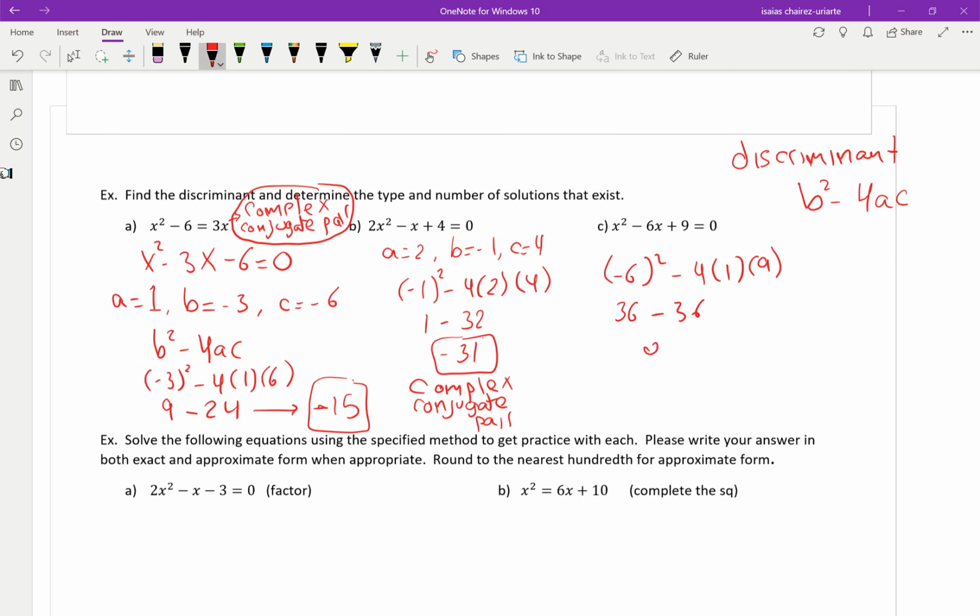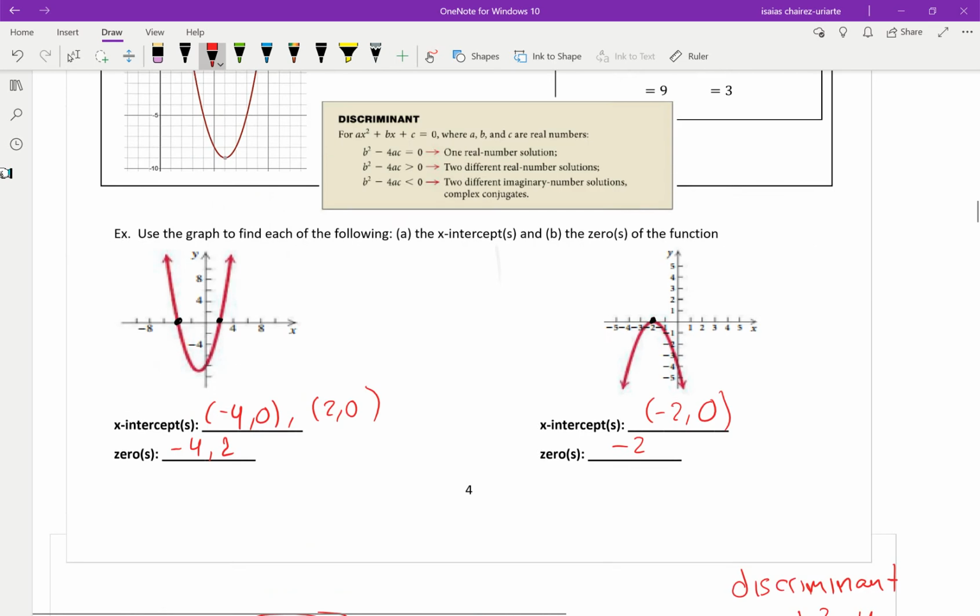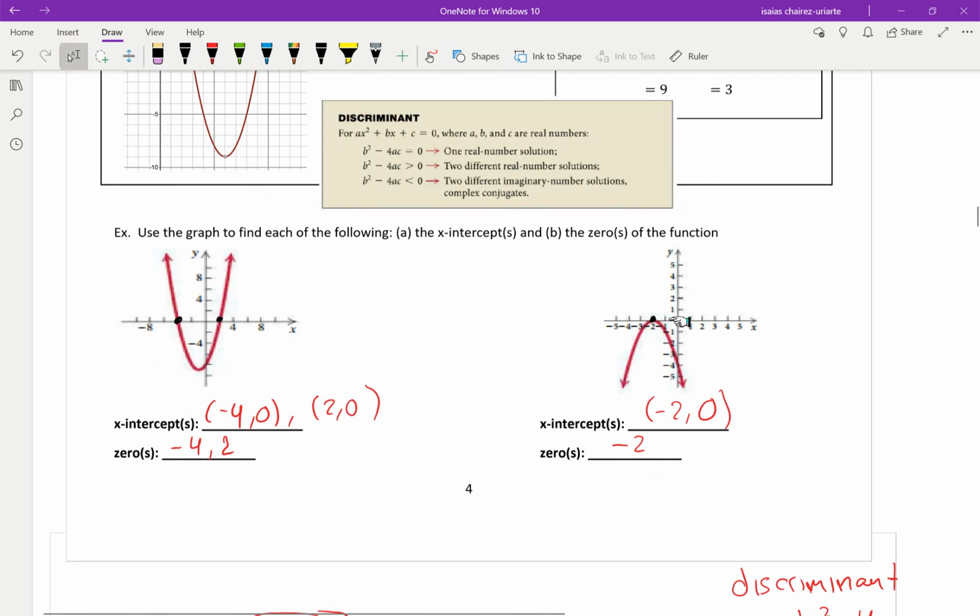So 0. My discriminant is 0. What does that mean for the discriminant to be 0? If the discriminant is 0, your graph happens to touch the x-axis in only one point. So if the discriminant is 0, we have just one real number solution.